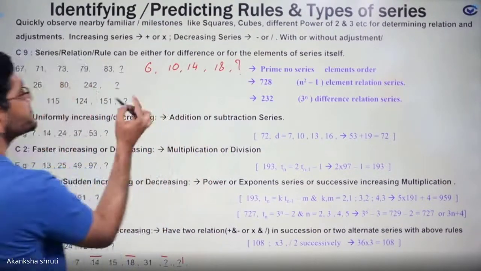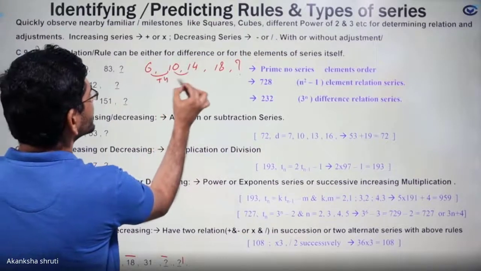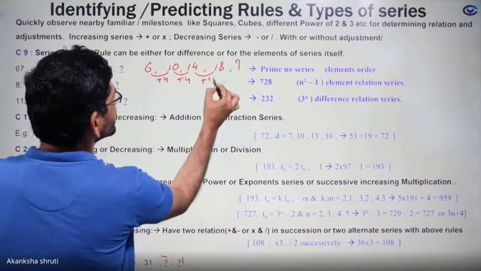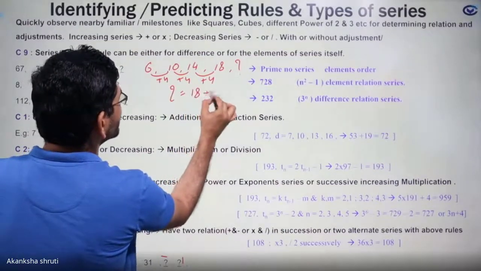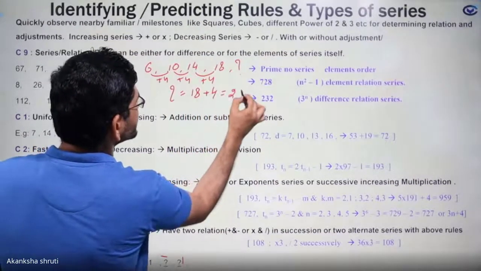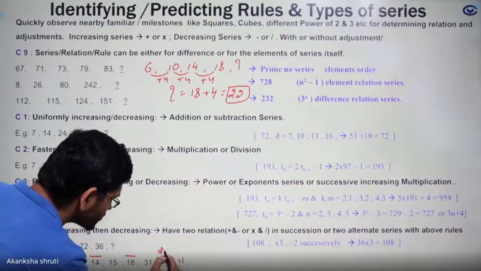Here we observe that it is increasing by 4, by 4, by 4. So the next can be obtained by adding 18 plus 4, which is 22. So this term is 22.